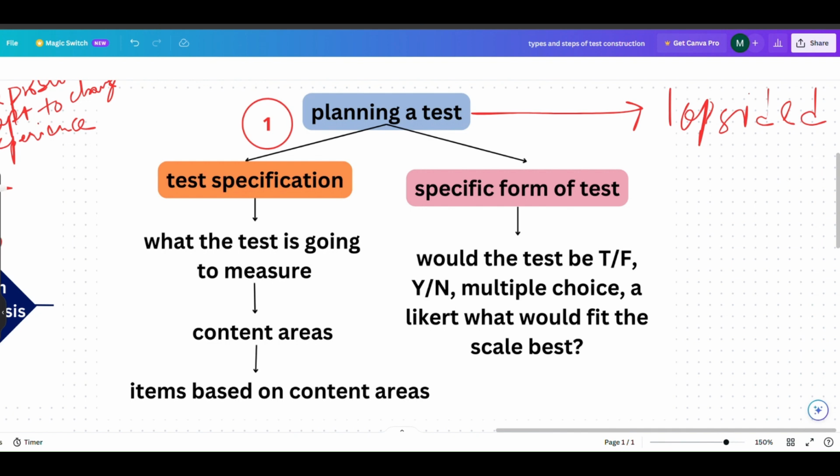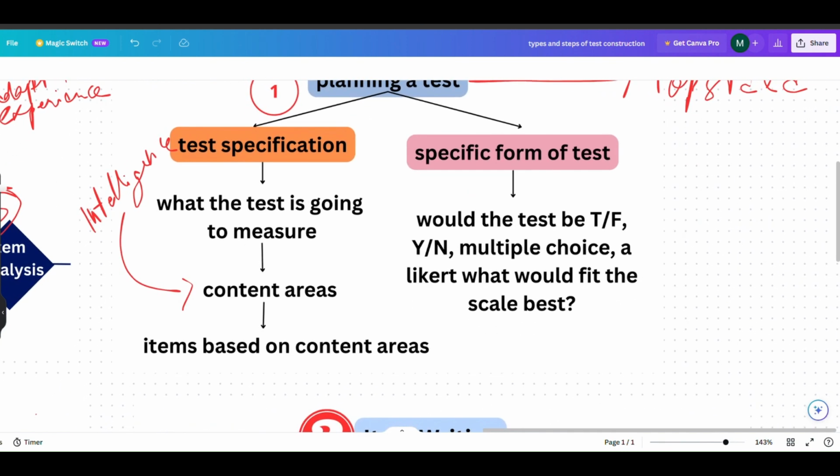Test specification is basically what the test is going to measure. The test I'm making, what will it measure? Will it measure intelligence? Will it measure personality, aptitude, attitude? Then, whatever it is going to measure, like if I take intelligence, what would the content areas be?